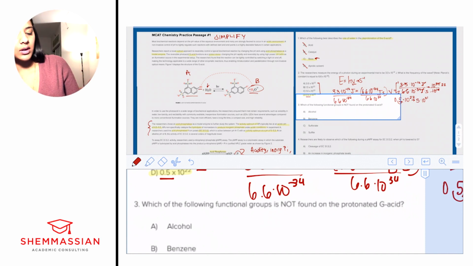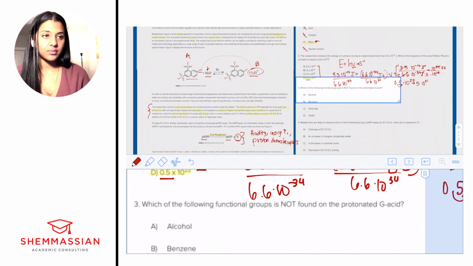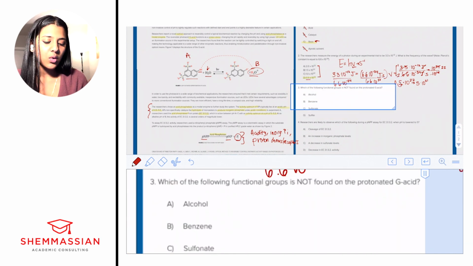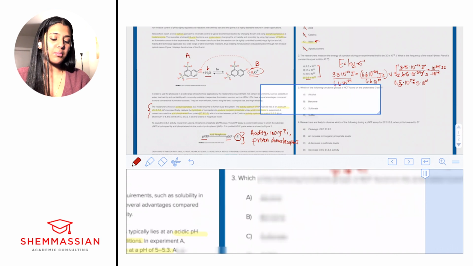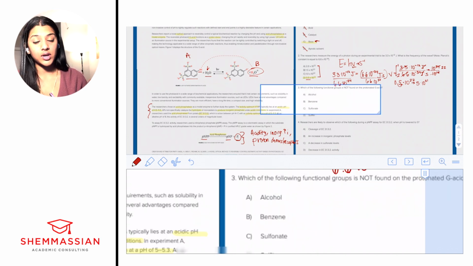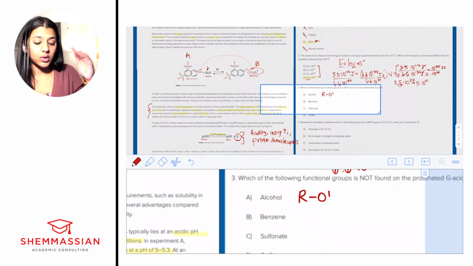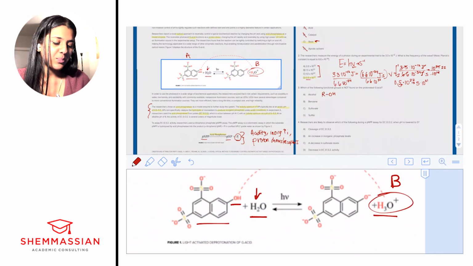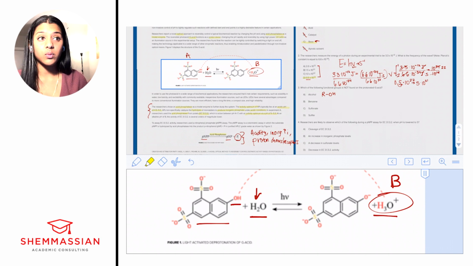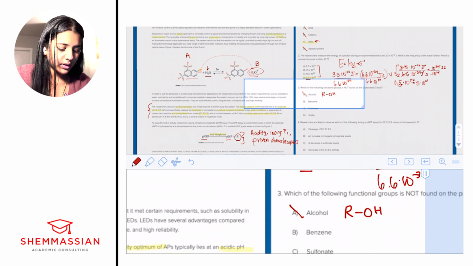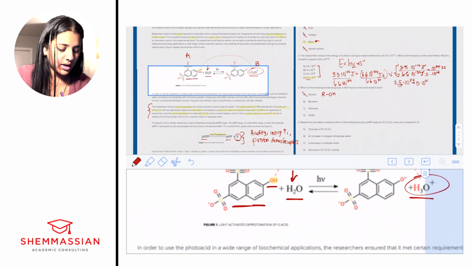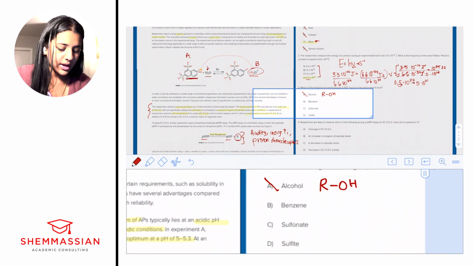So now we're between sulfonate and sulfite. Okay, so we do see that this molecule has a sulfur in it. So it probably has to be one of those 2 options, but we have to figure out what this functional group is called. So we see that it's a sulfur with 3 oxygens, and it's bonded to the carbon of benzene.